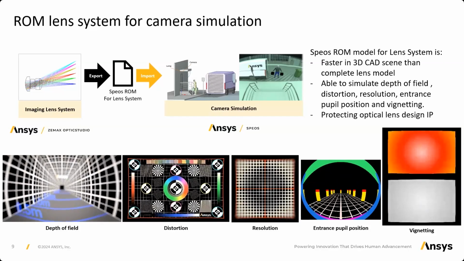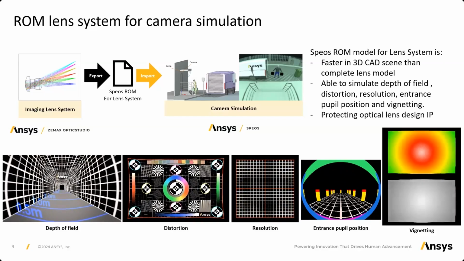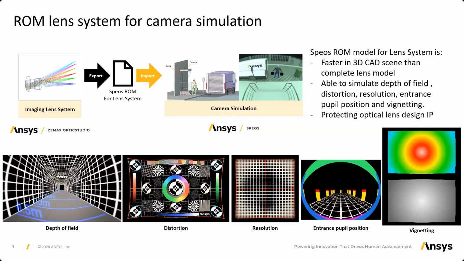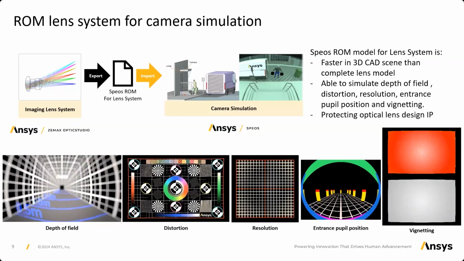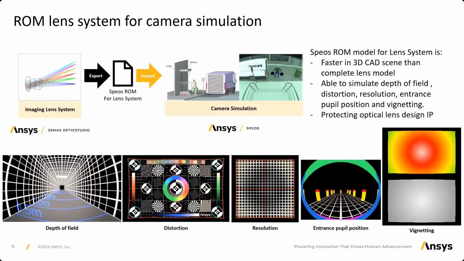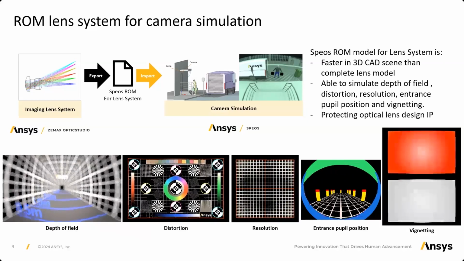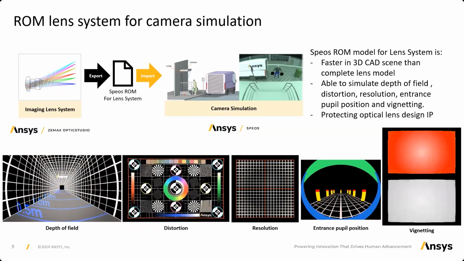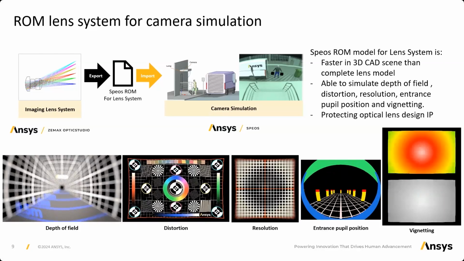From the characteristics you can see here, we can account for depth of field, distortion, resolution, and so on. So that's actually quite an accurate reducible model. And since it's a reducible model, it allows to perform really fast simulation.